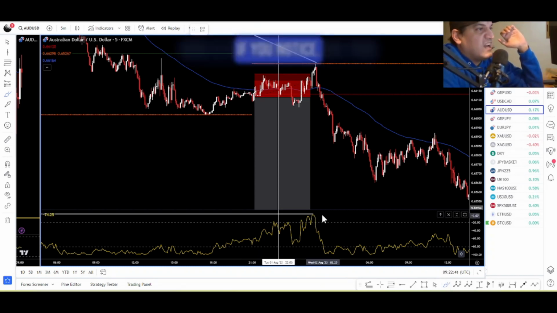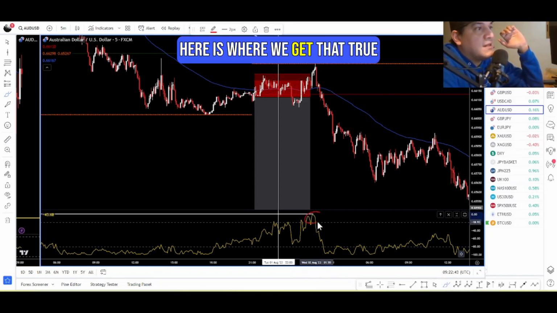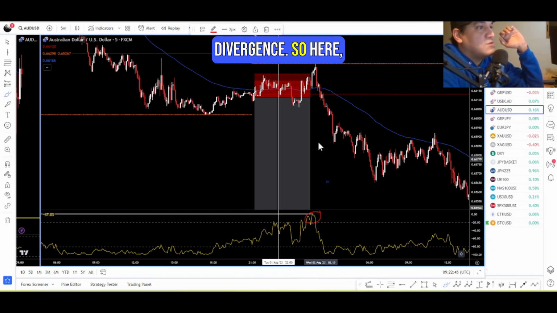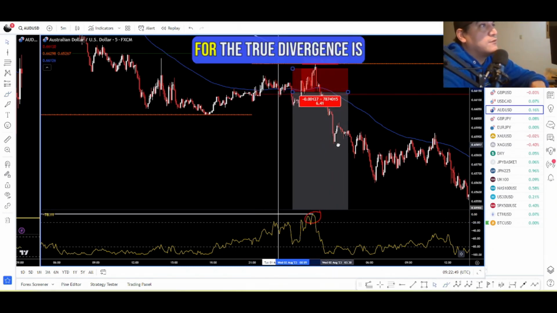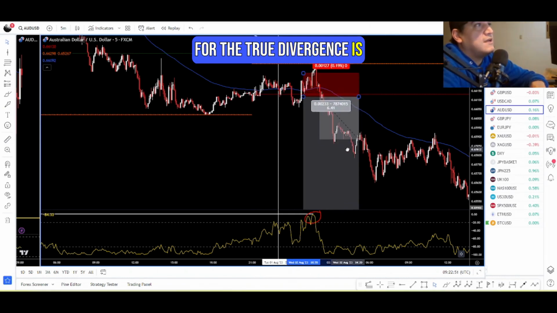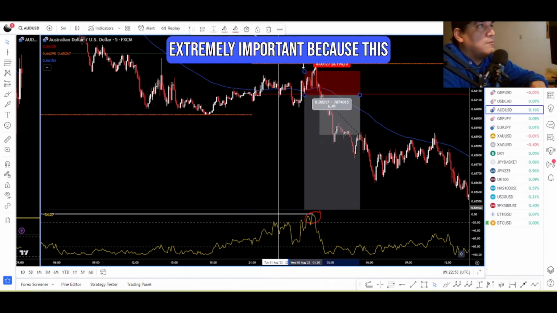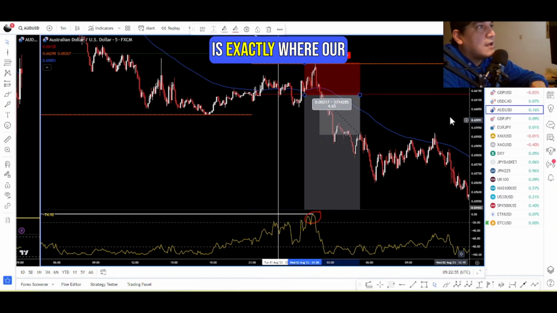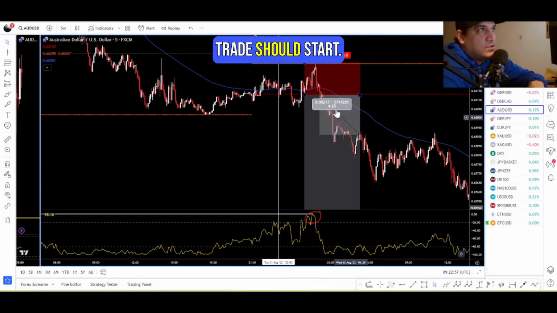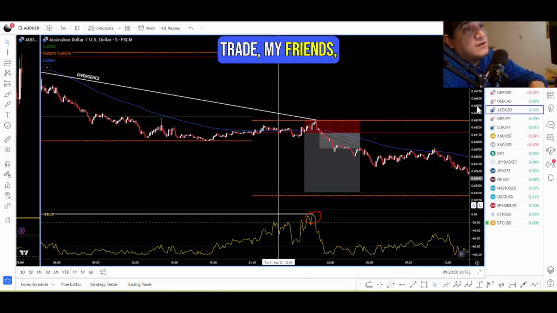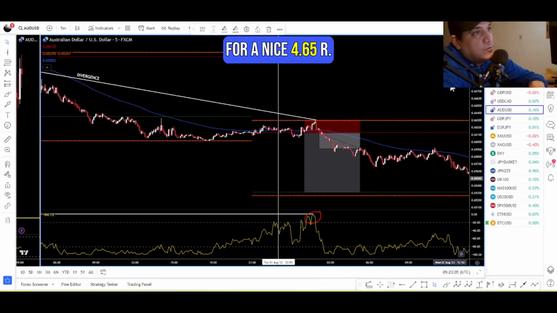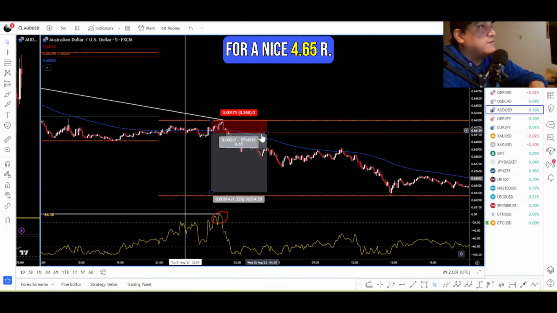Here is where we get that true divergence. Being patient enough to wait for it is extremely important, because this is exactly where our trade should start, and we are in a zero drawdown trade, my friends, for a nice 4.5R.